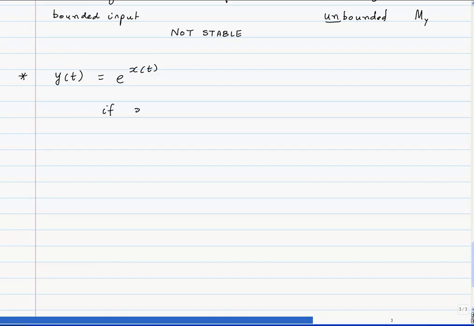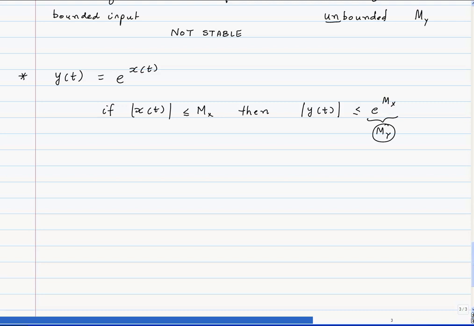If the magnitude of x of t is smaller than or equal to m sub x, then the magnitude of y of t is definitely smaller than or equal to e raised to m sub x. e raised to m sub x is just another number, and let's call that m sub y. So now we have found a number m sub y such that the magnitude of y of t is always smaller than this number.